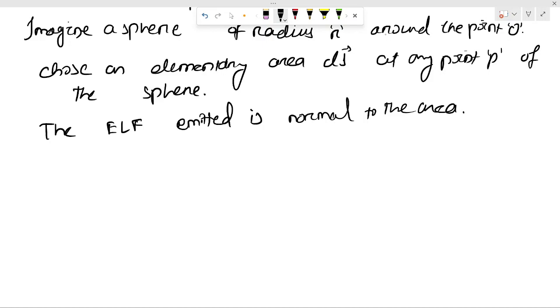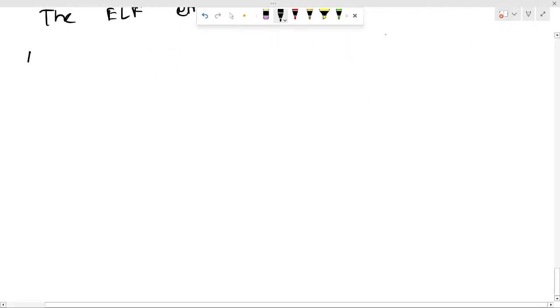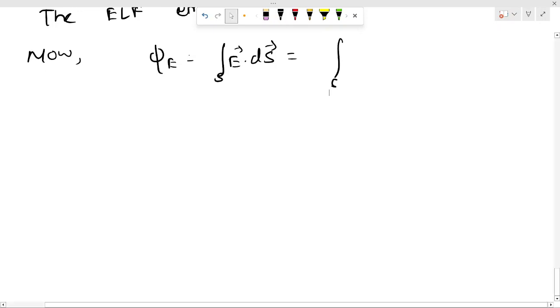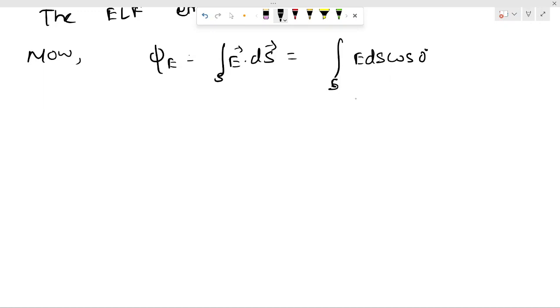Now the electric flux. If I write the electric flux associated with the closed surface, that is phi E, it will be equal to integration over E dot ds, isn't it? So it will become integration over S of E ds cos 0, as your area vector and electric lines of force are parallel, so the angle between them is 0 degrees.